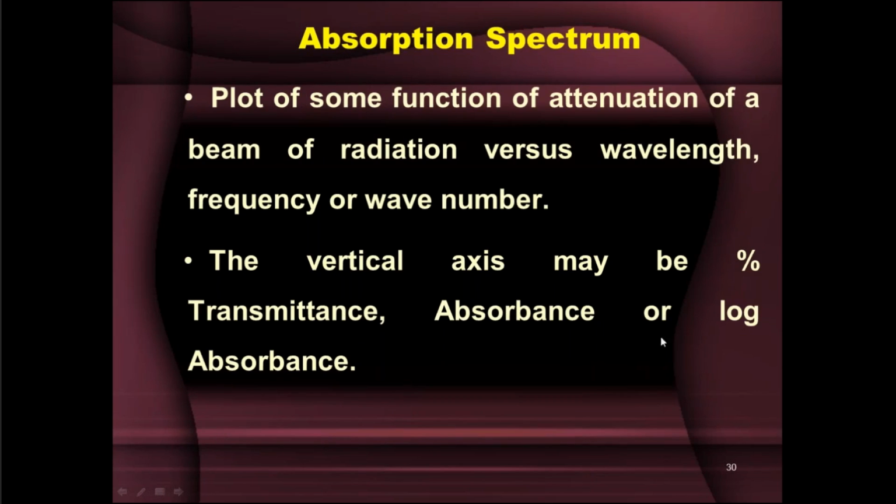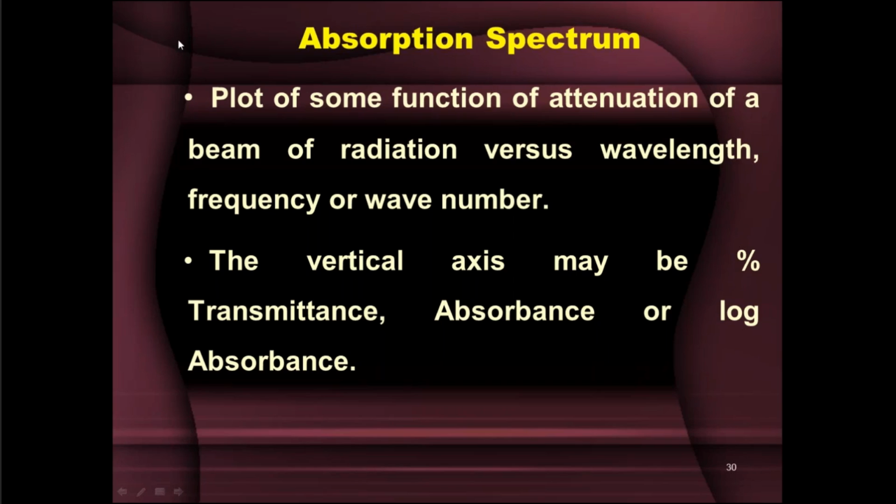Now, once this whole process of absorption and relaxation occurs, how do we interpret it? For that, we will take the help of a spectrum. Before we go into the absorption spectrum, what's a spectrum? It's a plot of some function of attenuation of a beam of radiation versus the wavelength, frequency, or wave number.